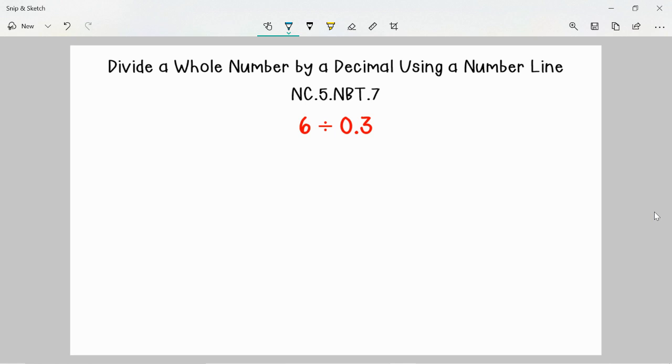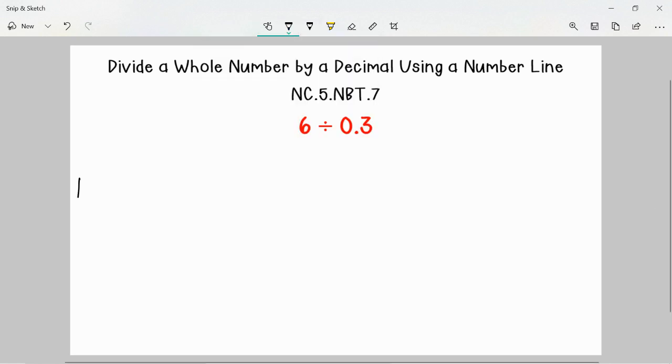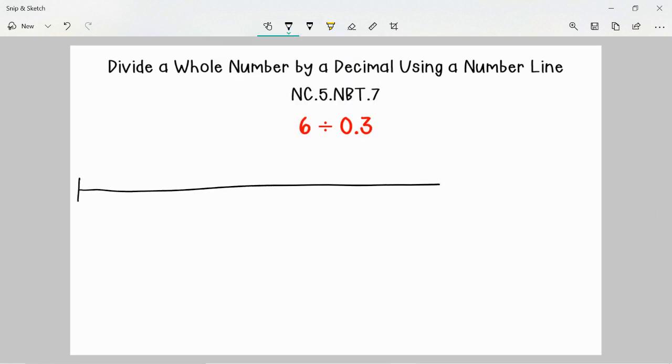So let's begin to solve. To start, we will draw a number line. And we want to represent all 6 wholes, so this is going to go from 0 to 6.